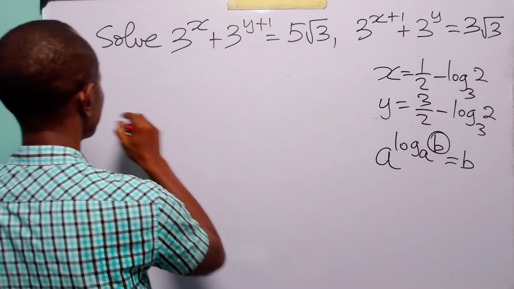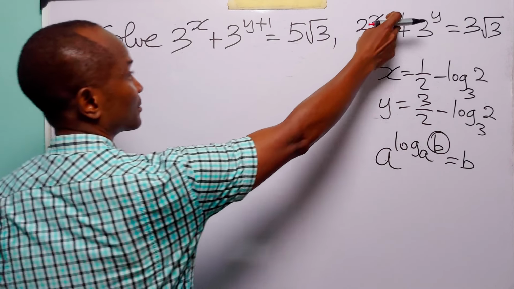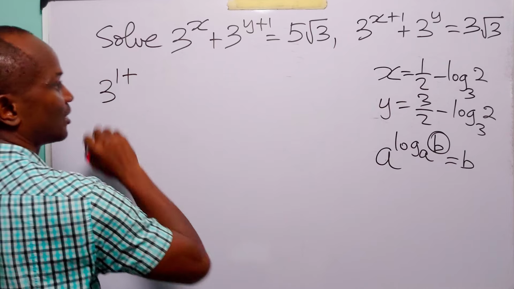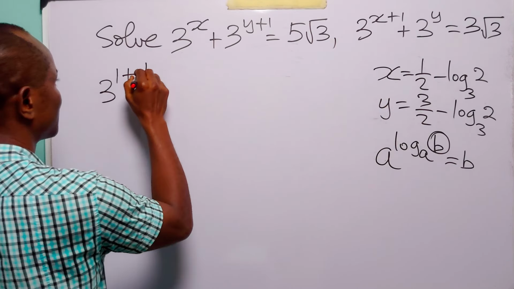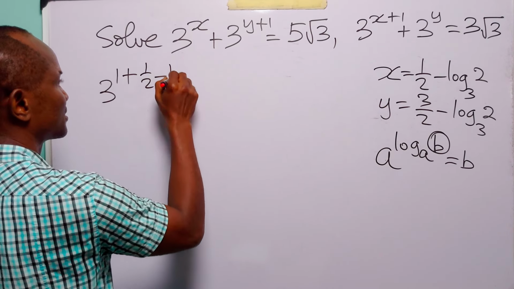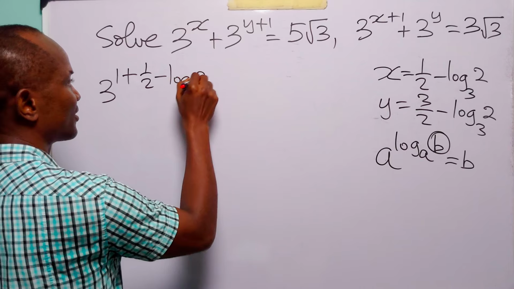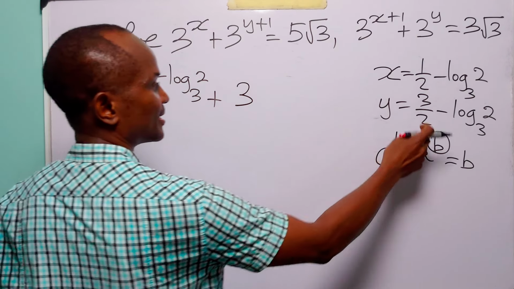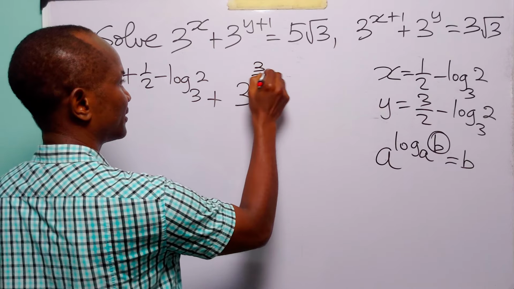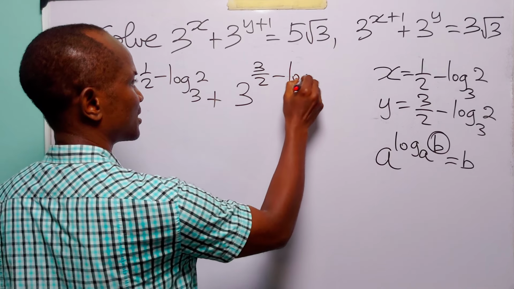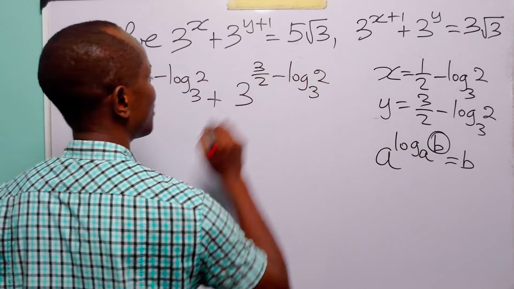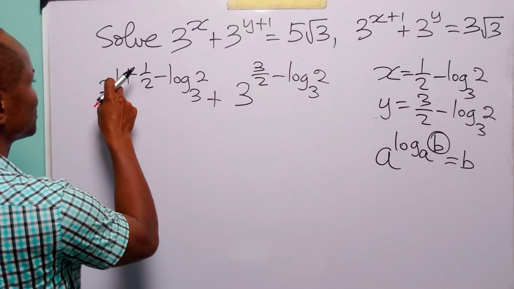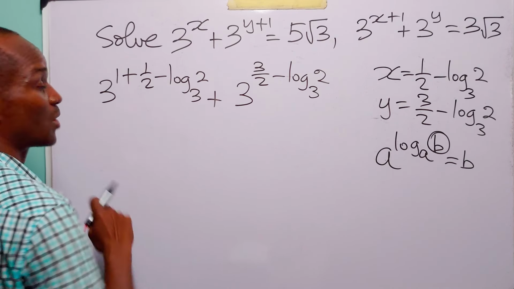we have 3 to the power 1 plus half minus log to base 3 of 2 plus 3 to the power 3 over 2 minus log to base 3 of 2. 2 times 1 is 2 plus 1, 3.